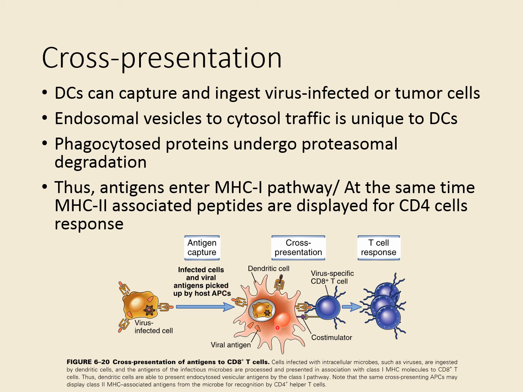So peptides generated from the viral antigen can be displayed by MHC1 molecule, which then activates cytotoxic T cells. During cross presentation, the same peptides can also be displayed by the MHC class 2 molecule, which are then recognized by CD4 T helper cells. So in cross presentation, both the MHC1 and 2 molecules carry the peptide and result in the function of both T helper and cytotoxic T cells.